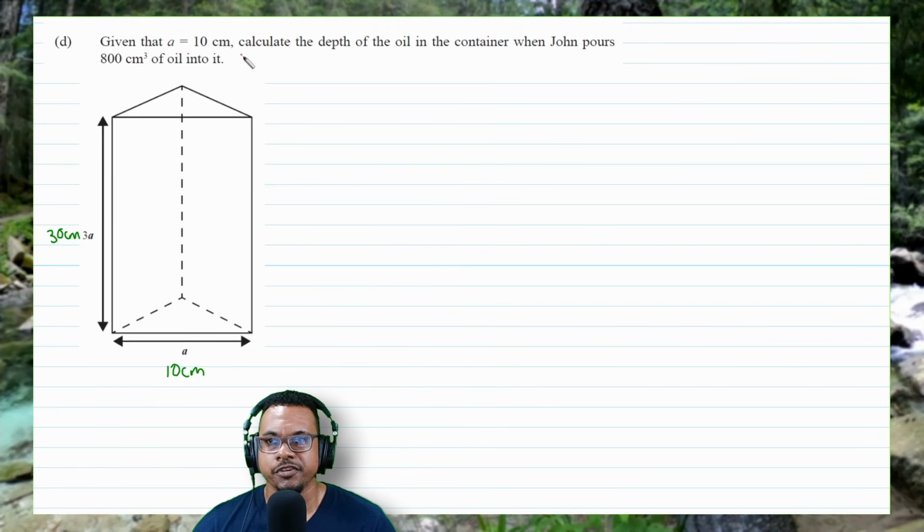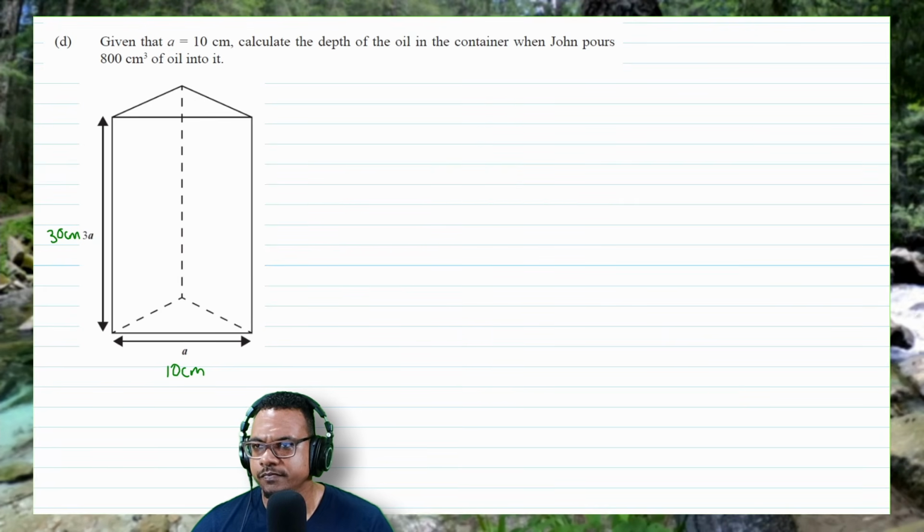All right, so let's continue reading. Calculate the depth of oil in the container when John pours 800 cm cubed of oil in it. So they're giving us the volume of the oil in the container, and they want to know what the height is at that volume.